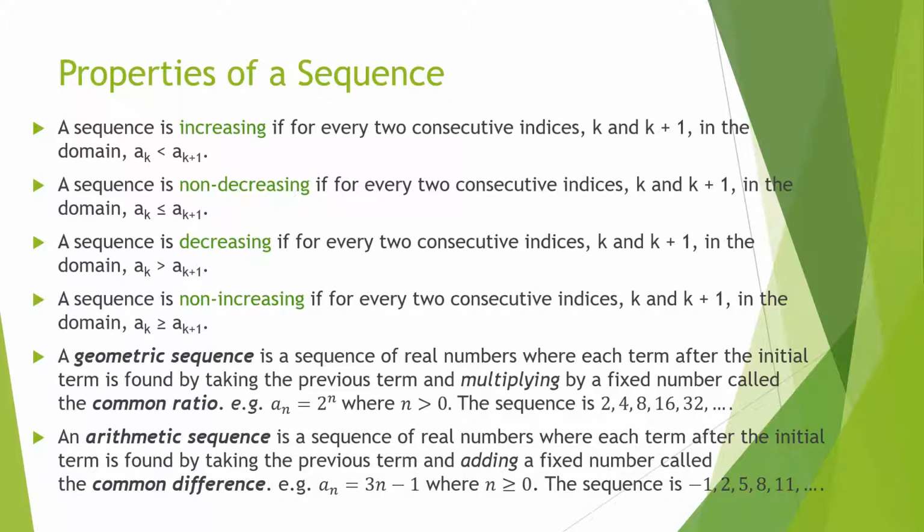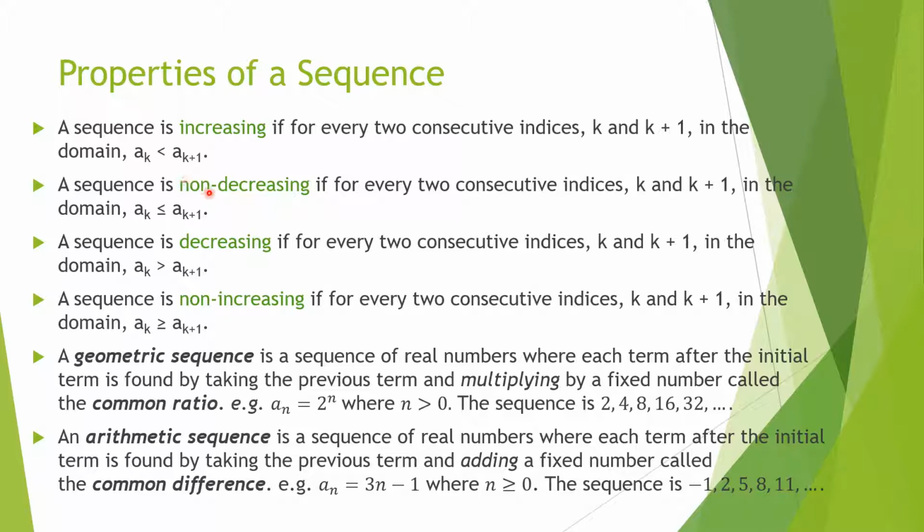So the next term would be greater than the previous term. So for any 2 adjacent terms, the term with a higher index should be greater than the other one.